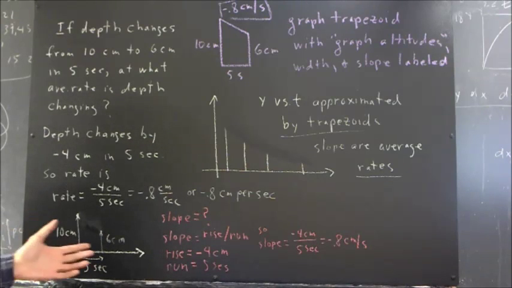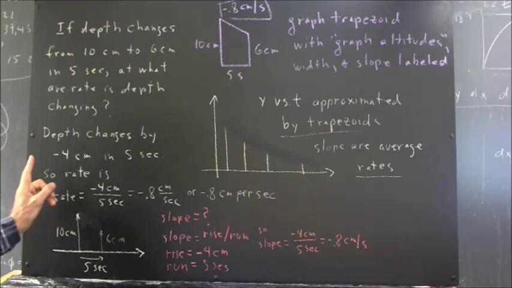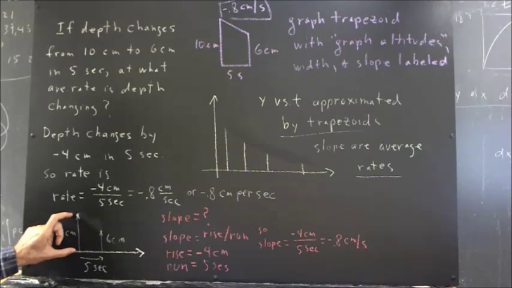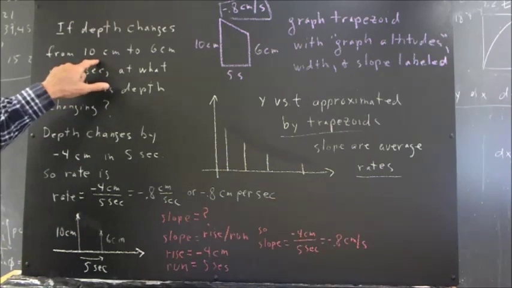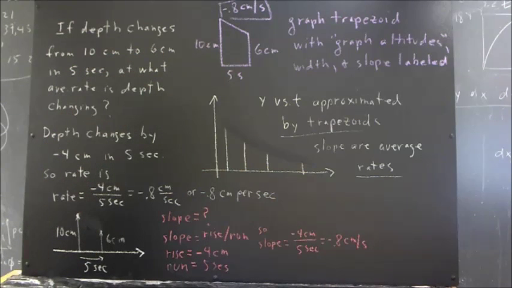If the depth is the quantity that's plotted in this direction, then the 10 centimeter arrow represents the initial depth, the 6 centimeter arrow the final depth, and the 5 seconds here represents the time interval, the 5 seconds during which the depth changes from here to here.